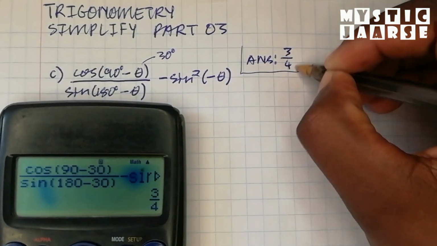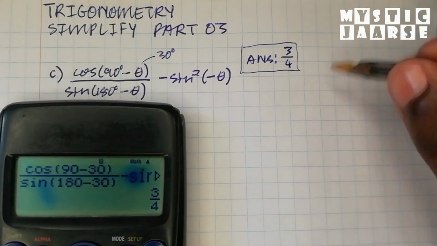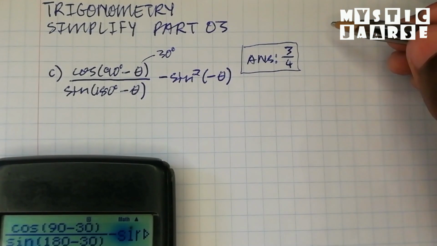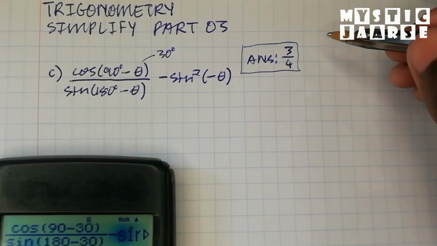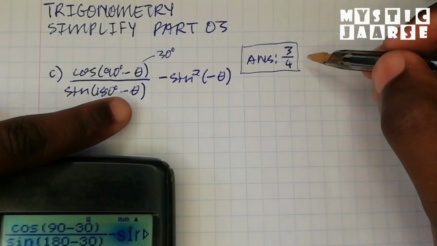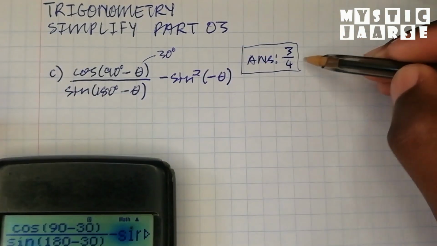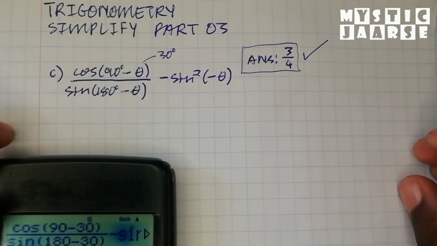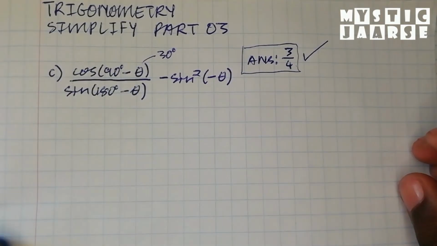Now the answer that we must get at the end is not going to be 3/4, but it is going to be a trig ratio, or maybe 2, I don't know. But whenever you replace the theta at the end with 30 degrees, you will get this answer. Then you will know that you got your full marks because you got it right.